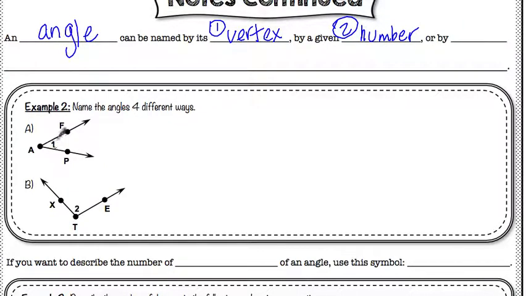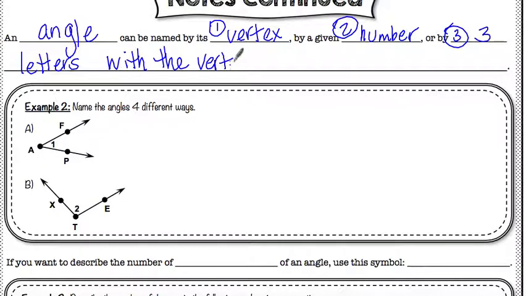You see how these have numbers on the angles, or by three letters with the vertex as the middle letter. Okay, so we're going to look at some examples of this. The vertex is this point that joins two rays together.